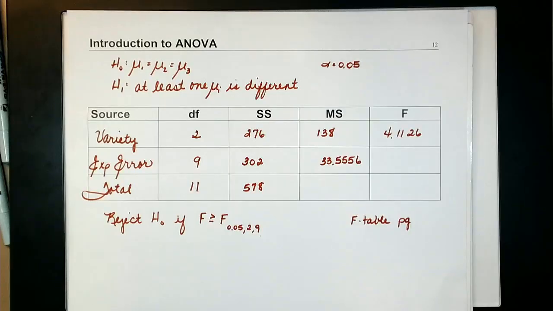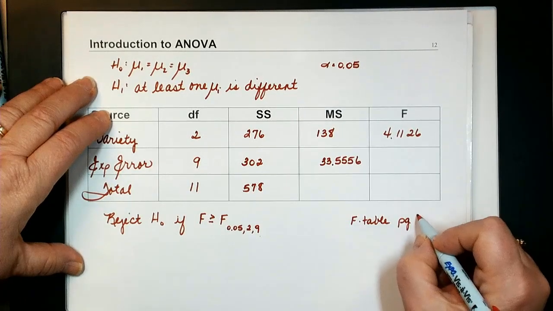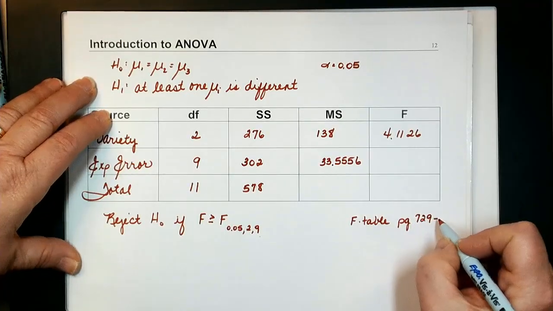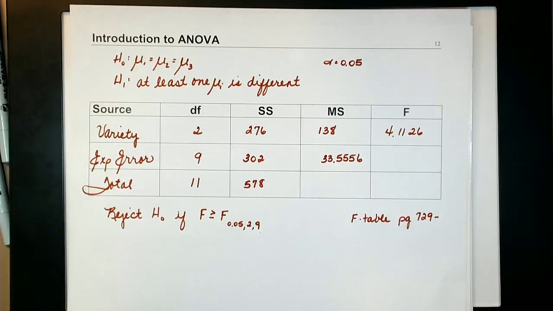The F table begins on page 729 and continues over to 738.